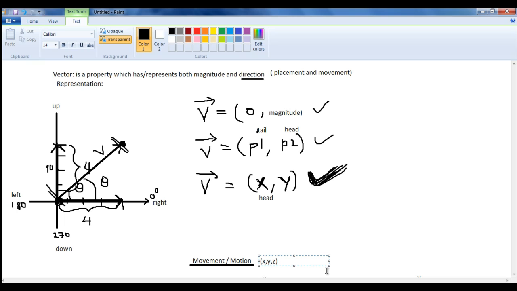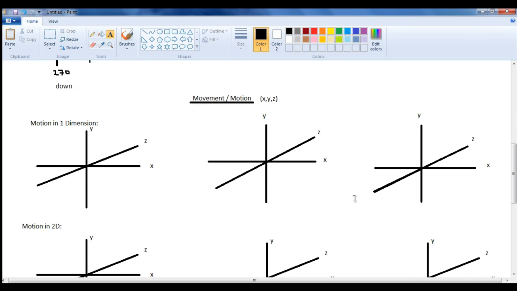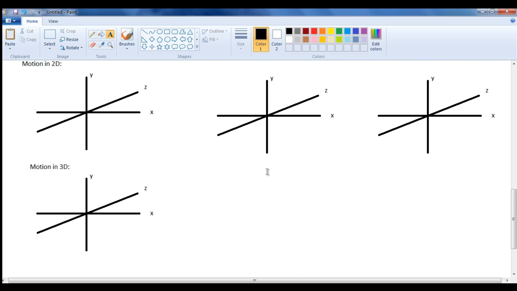Now, when we discuss the motion of the object, we have three different types of movement: motion in 1 dimension, motion in 2 dimensions, and motion in 3 dimensions.